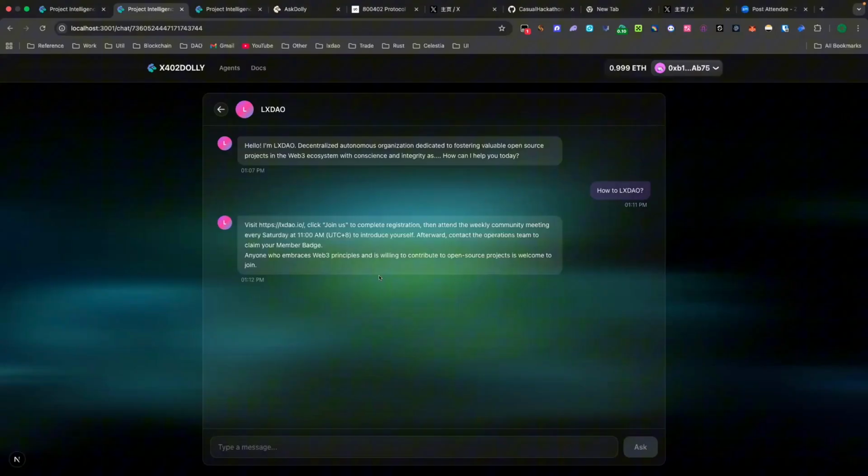And then finally, it will answer the user's question with a little money to pay to us, pay to the Dolly. Actually, that's all the things the X402 Dolly does.